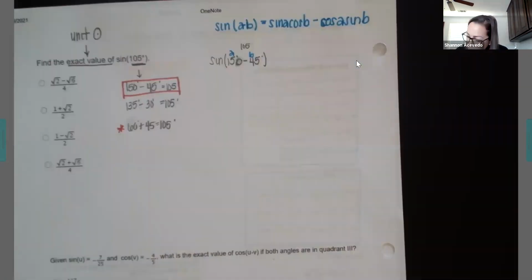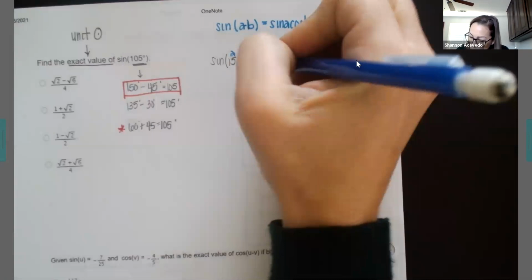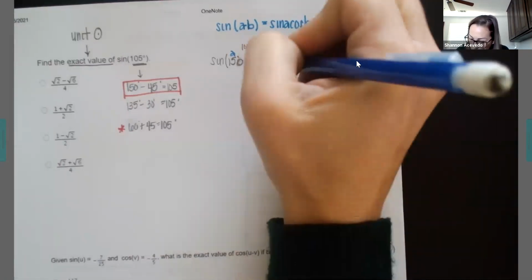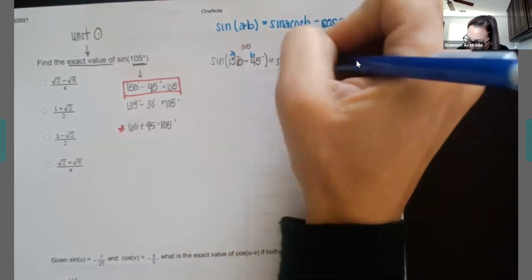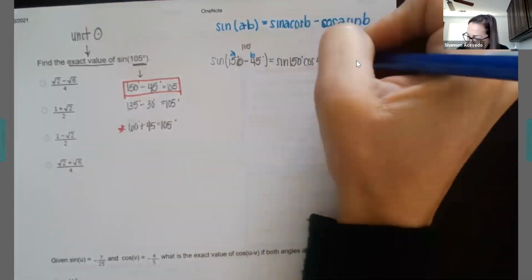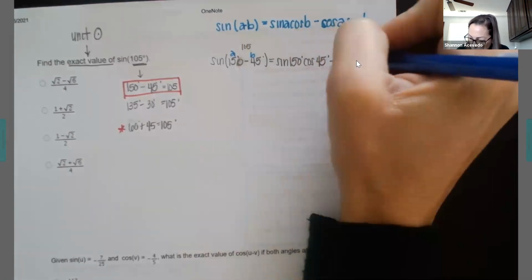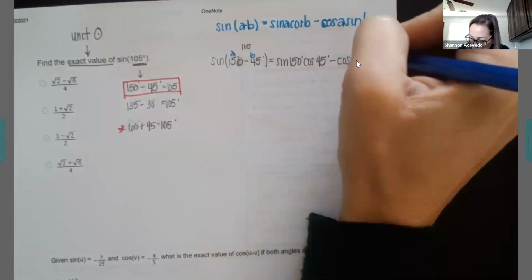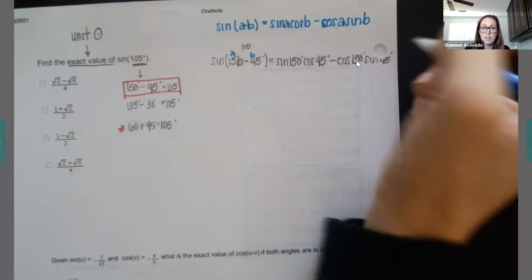So it's going to be equal to sine of 150 cosine of 45 degrees minus cosine of 150 sine of 45 degrees.